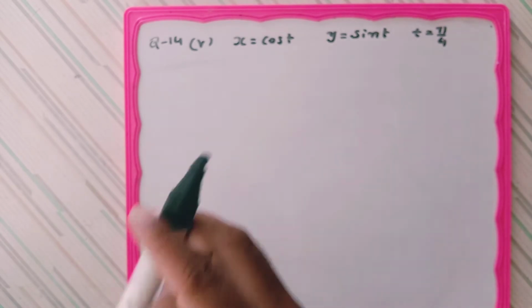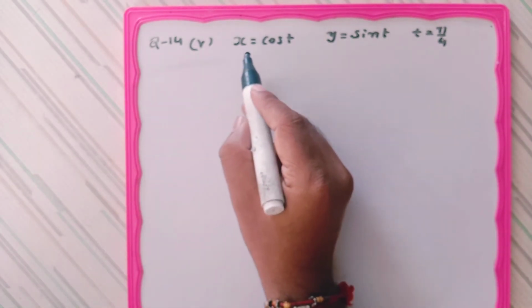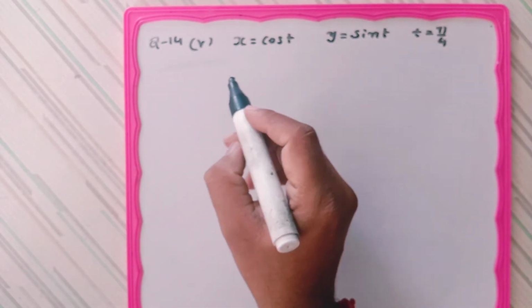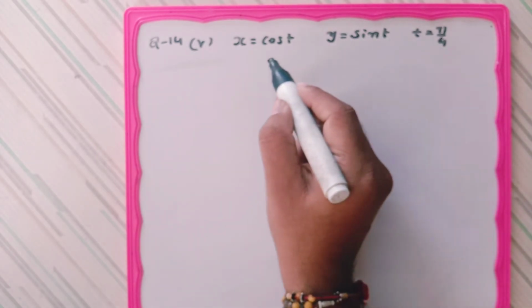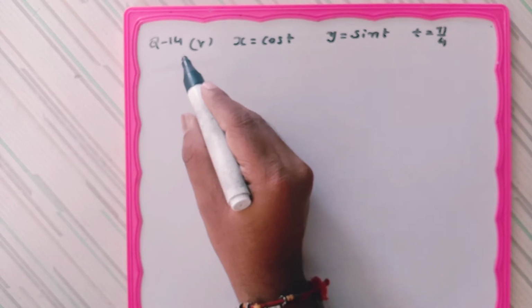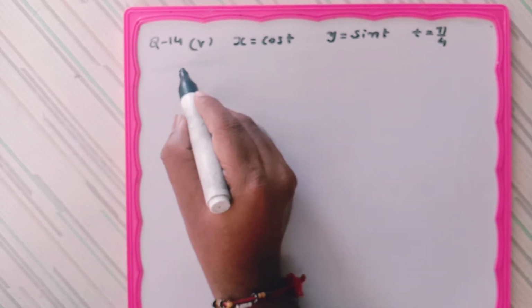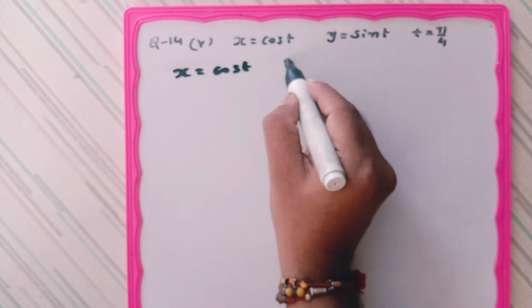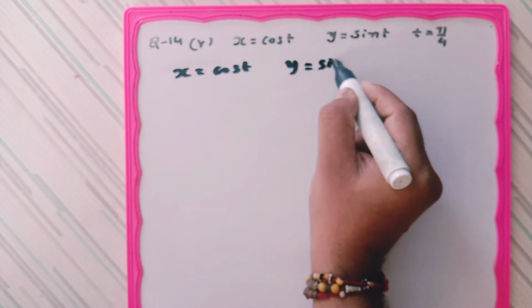Next, question 5a of question 14: x equals cos t, y equals sin t, t equals pi by 4. Find the equation of tangent. So x equals cos t and y equals sin t.